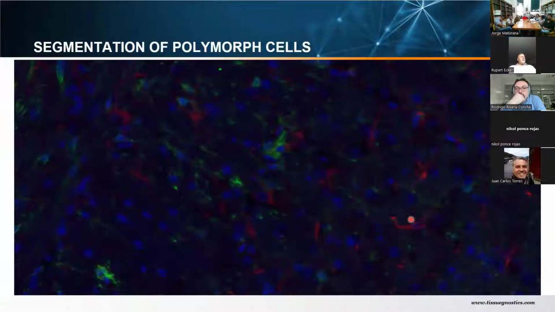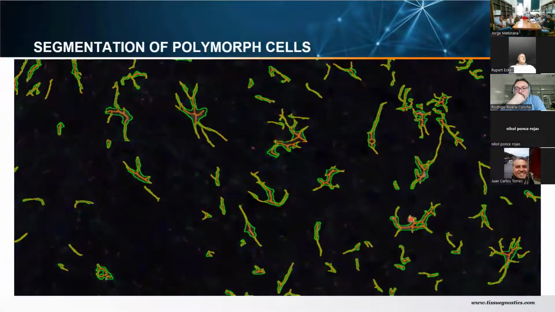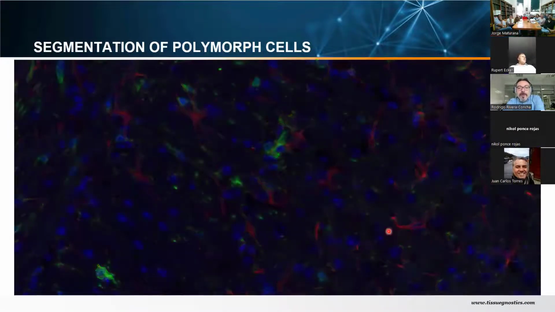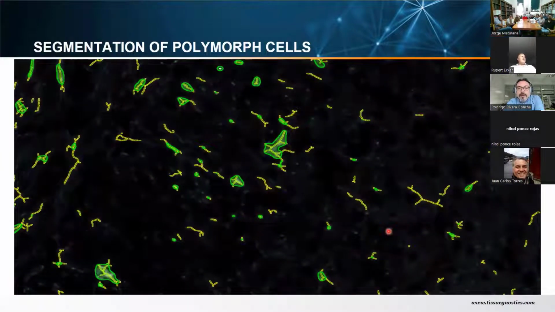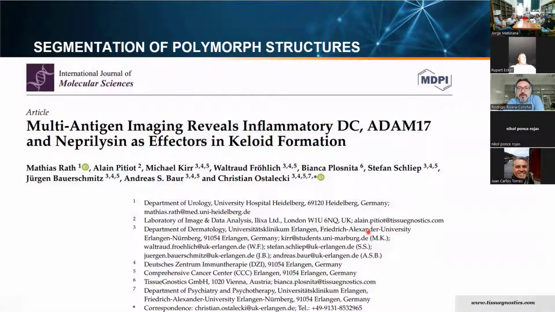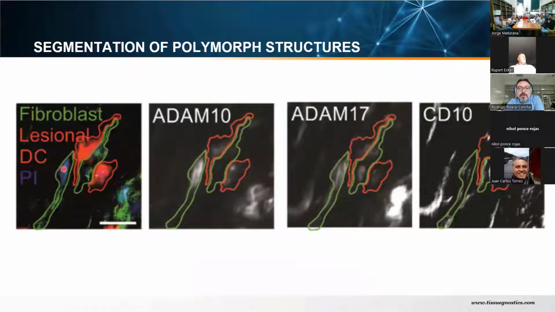And I would like to emphasize that we also have algorithms that allow the segmentation of polymorph cells. For example, here you see structures on the red, or here on the green cells in this staining. And in fact, there's a nice publication from a group in Erlangen and Heidelberg in Germany, for whom we developed this solution to detect fibroblasts and dendritic cells.